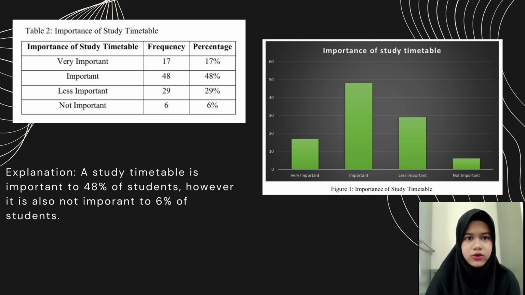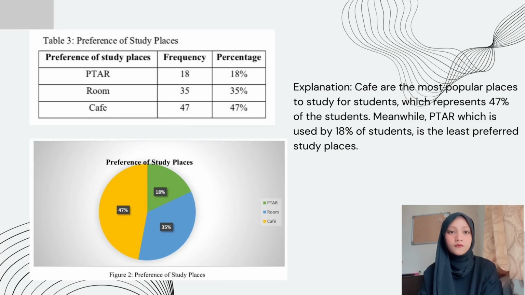However, it is also not important to 6% of students. Following that, this pie chart displays the preferred study places as selected by UiTM Tapah students. Cafes are the most popular places to study for students, which represents 47% of the students. Meanwhile, PITAR, which is used by 18% of the students, is the least preferred study place.